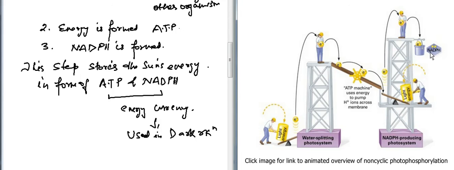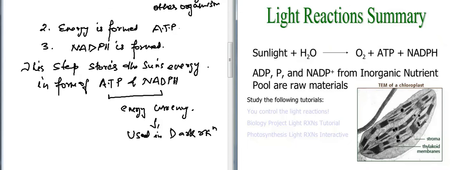That is the process which is happening. So the light reaction summary is that sunlight is there, water is there, and ATP and NADPH are formed. That is the main thing. Finally ATP and NADPH will go to the dark reaction, where the further process of photosynthesis will go on, and oxygen will be evolved out.